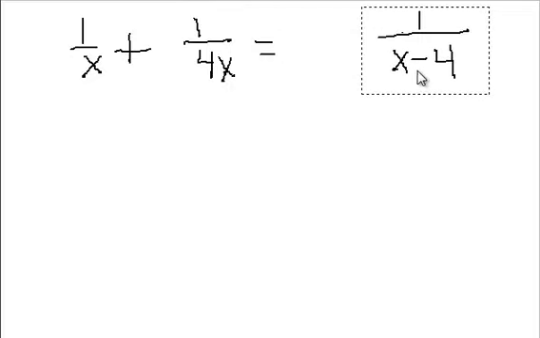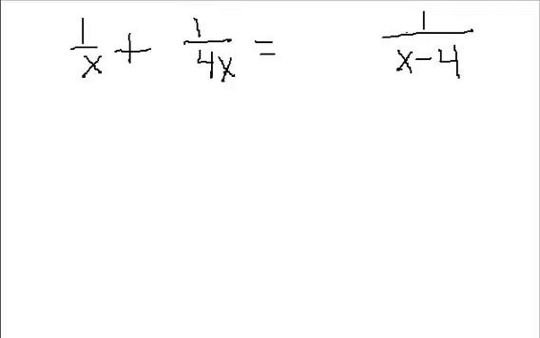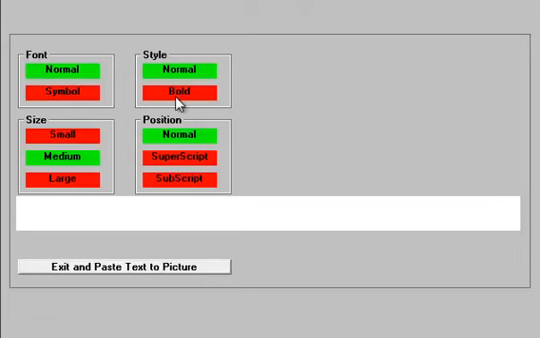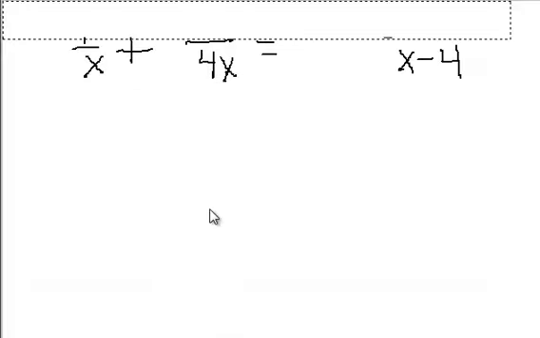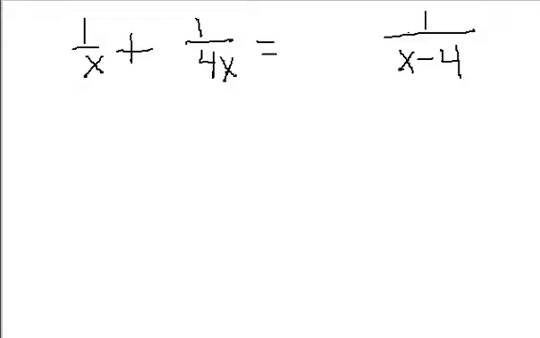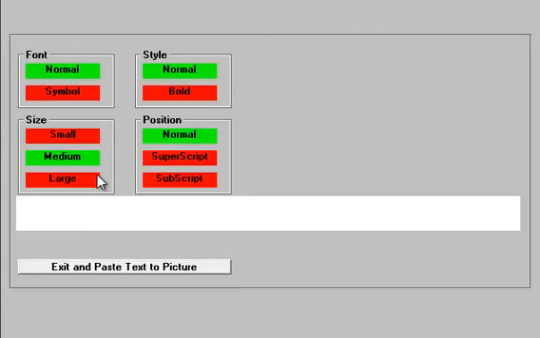And remember, the whole point of this multiplying is for us to clear the equation of fractions. So we're going to multiply every term by 4x times x minus 4.